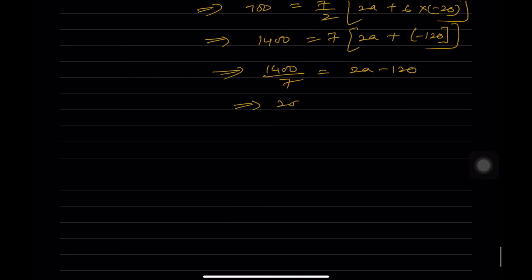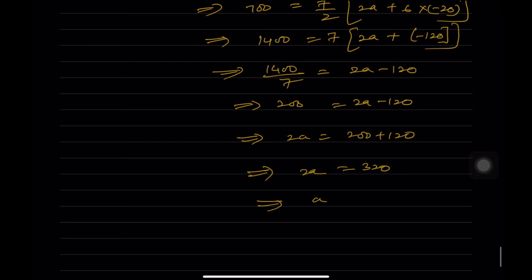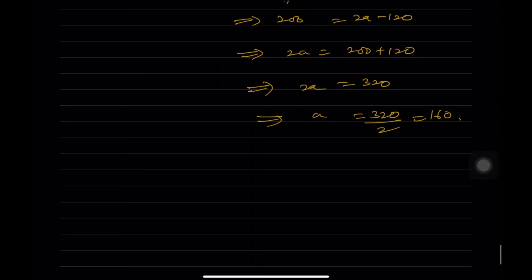So 200 is equal to 2a minus 120, which implies that 2a is equal to 200 plus 120, which is 320. So a is equal to 320 divided by 2, which is equal to 160.